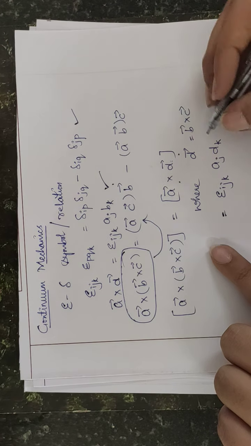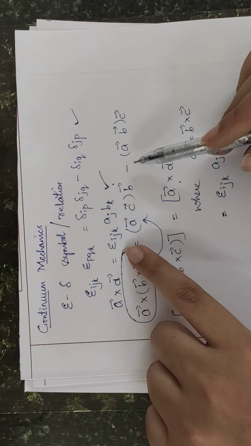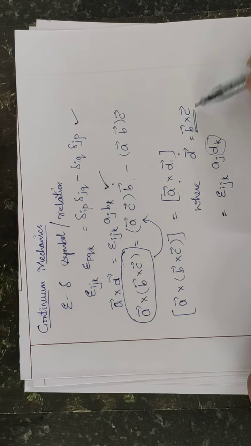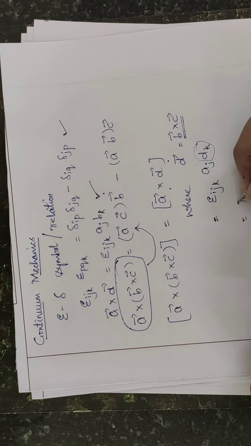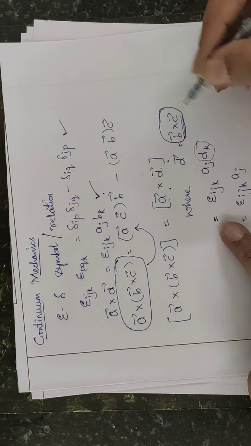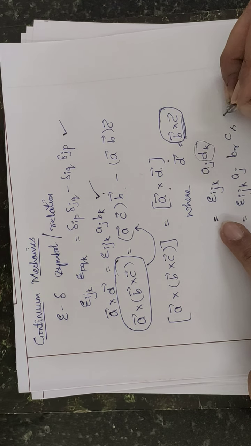Now I have to use the same identity for dk, because d is again a cross product of two vectors. So I retain epsilon ijk aj as it is, and for dk, that means for b cross c, we write epsilon krs br cs.